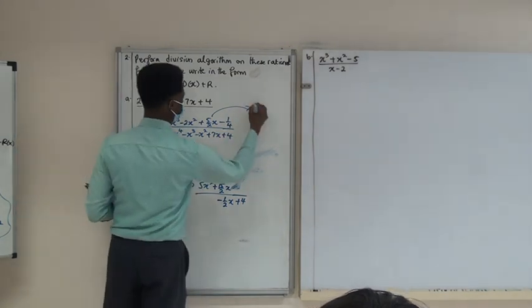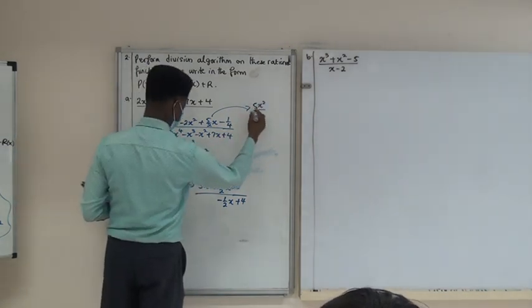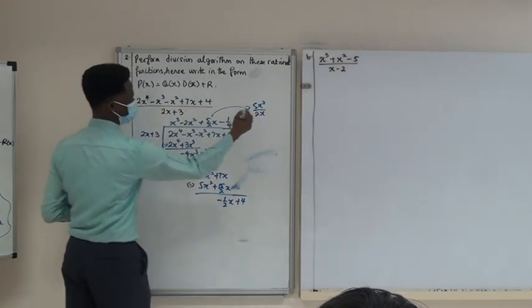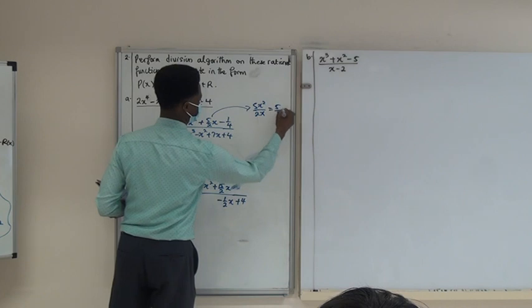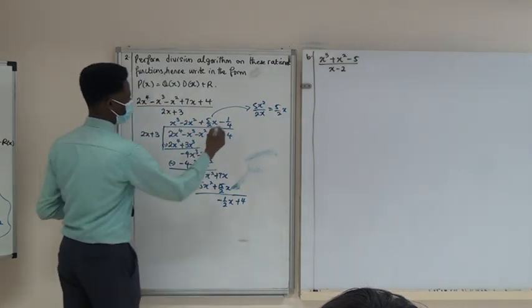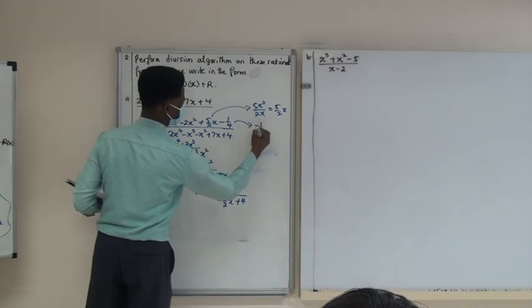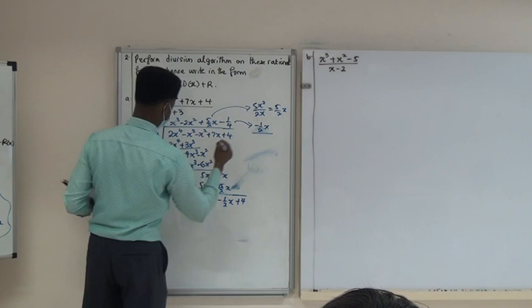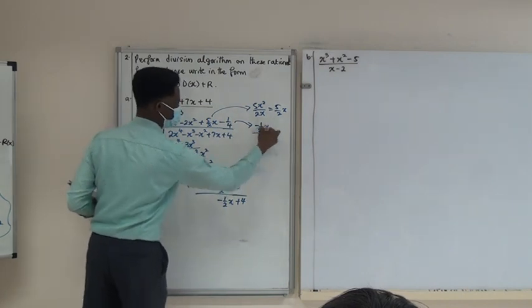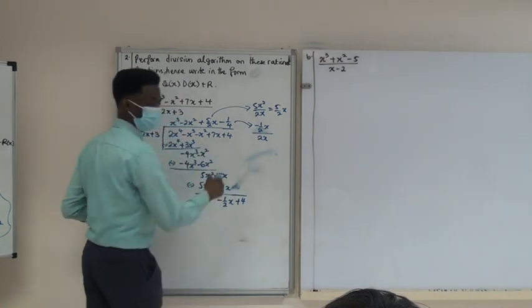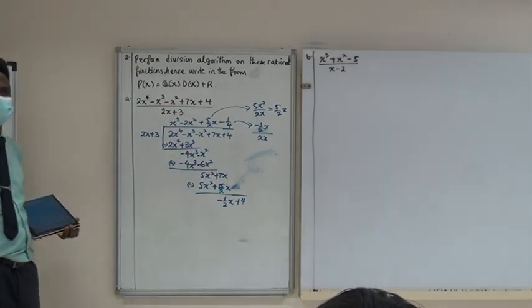It's from 5x squared divided by 2x. That's how this came about. That's your 5 over 2x. And this one is as a result of negative 1 over 2x divided by 2x. The x cancel. So you have negative 1 over 2 divided by 2, which is negative 1 over 4.